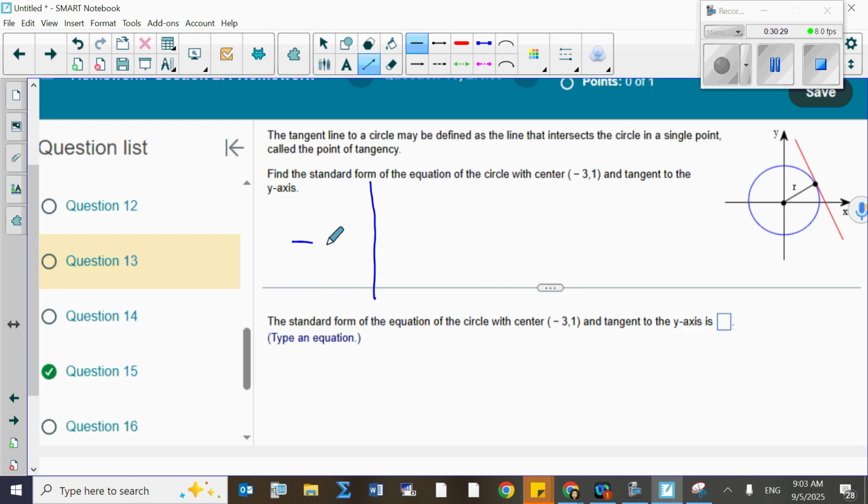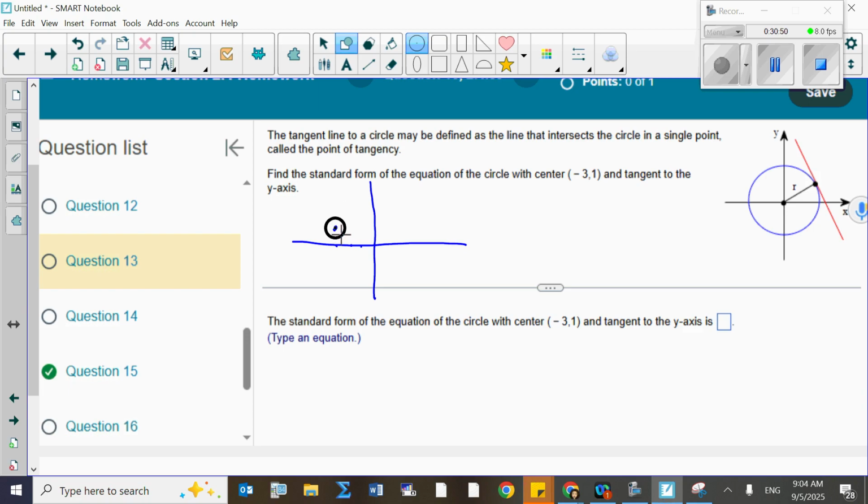I'm going to graph the circle whose center is at negative 3 and 1, almost here. And that is tangent to the y-axis. What does that mean? It's tangent to the y-axis.